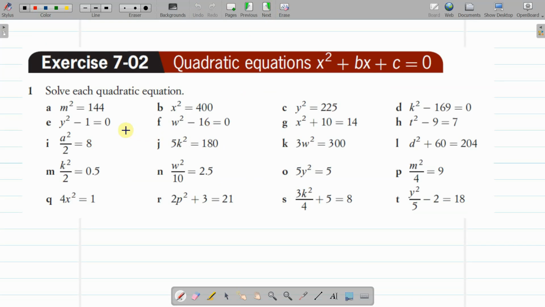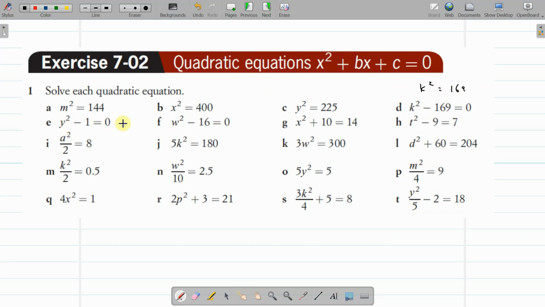Now for these, they're all fairly straightforward, except there are a couple here where you'll have to move them: minus 169, add 169, so you end up with k squared equals 169.